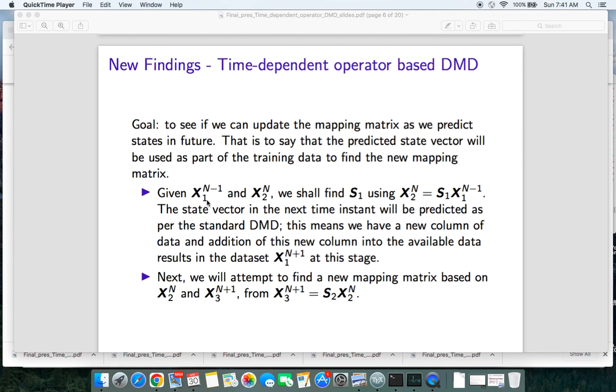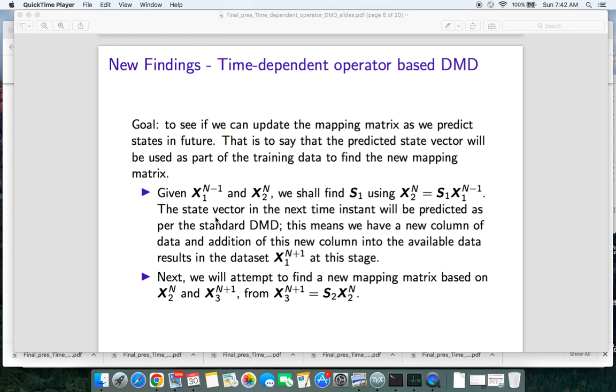Given x1 to n minus 1 and x2 to n, we shall find S1 using this equation. The state vector in the next time instant will be predicted as per the standard DMD. This means we have a new column of data, and addition of this new column into the available data will result in the dataset x1 to n plus 1.